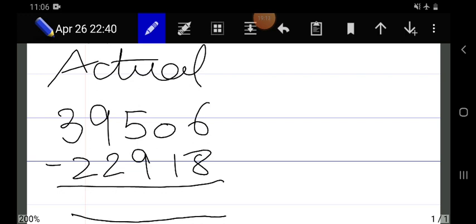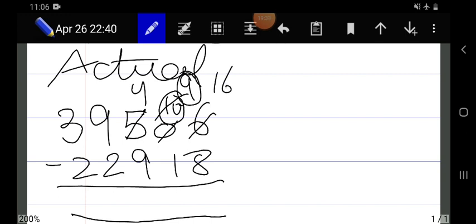6 minus 8 is not possible, so it will borrow from its next number, which is 0, so it borrows from the next number, 5. 5 will become 4, 0 will become 10, and when it gives to 6, it will remain 9 and 6 will become 16.